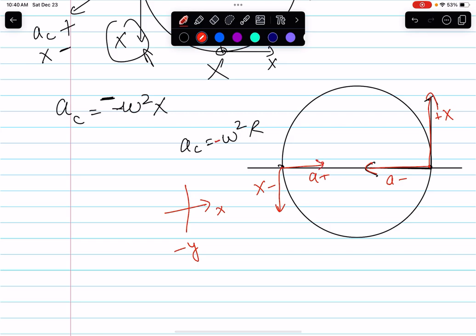So we could make this negative sign relationship between these 2 things when we are looking at the x-axis. Okay?